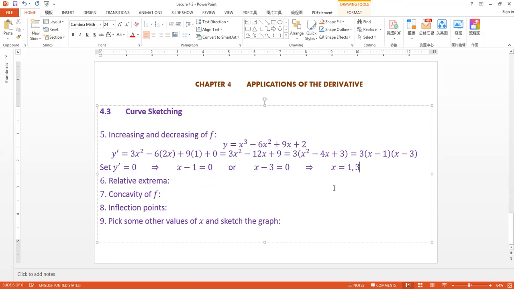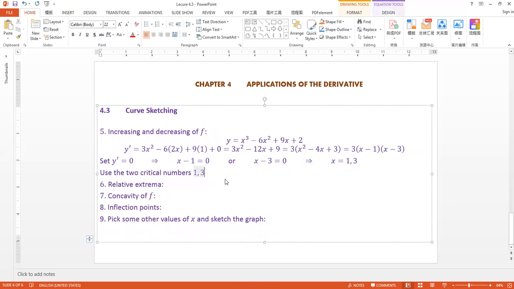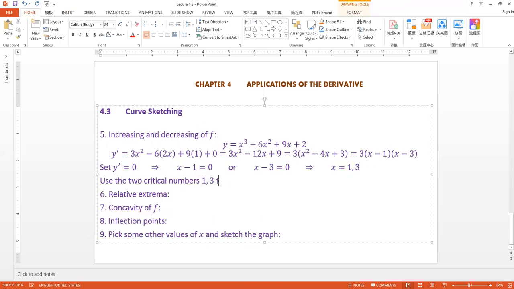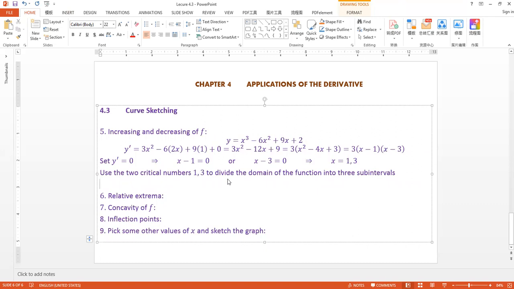Then use the two critical numbers 1 and 3 to form three subintervals. So what are the three subintervals?